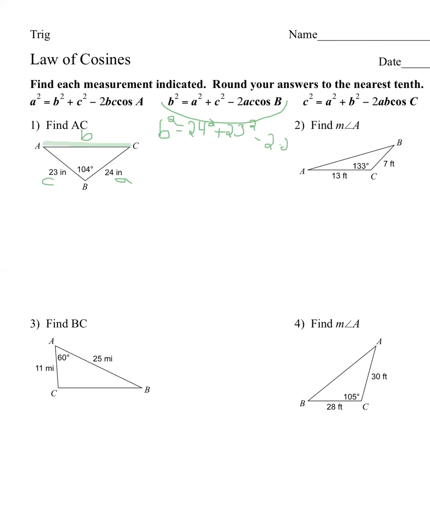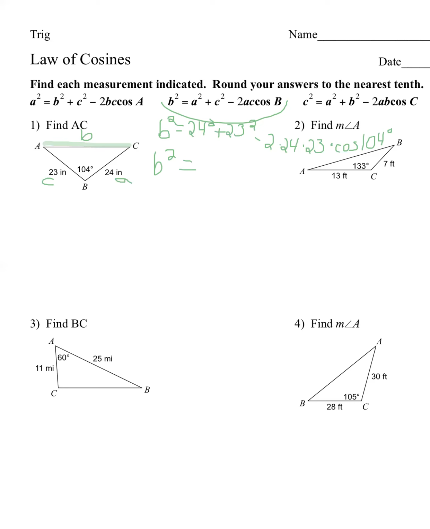A was 24 times c, which was 23, and then I want to multiply that by the cosine of angle B. So that would be cosine of 104. Okay, just writing right over number 2, it's fine. Now I have all of those numbers. I'm just going to pop them into my calculator.